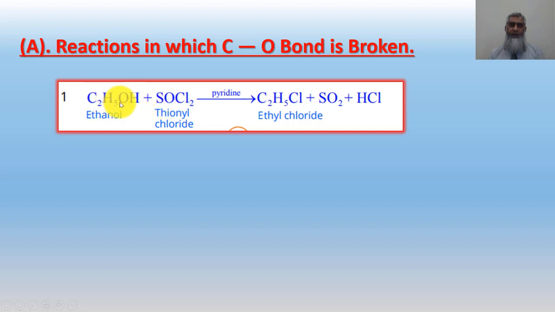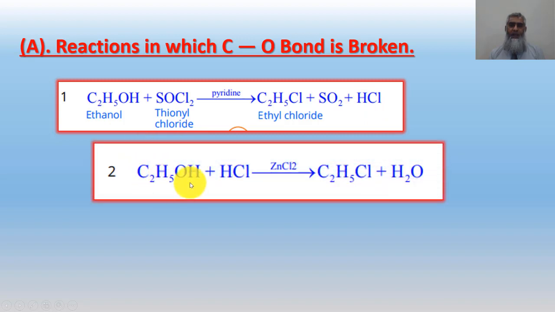As carbon-oxygen bond will break up, OH will be removed and nucleophile Cl will replace it. So the product produced will be ethyl chloride. The oxygen will combine with SO group to produce sulfur dioxide gas. Hydrogen will combine with the remaining chlorine atom to produce HCl gas.